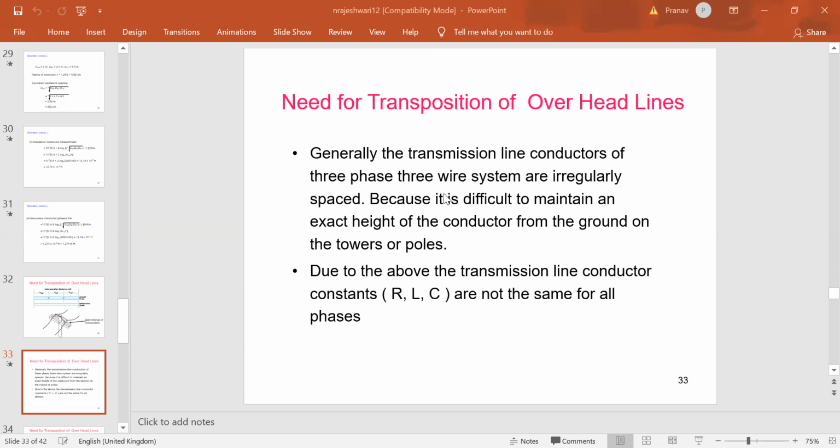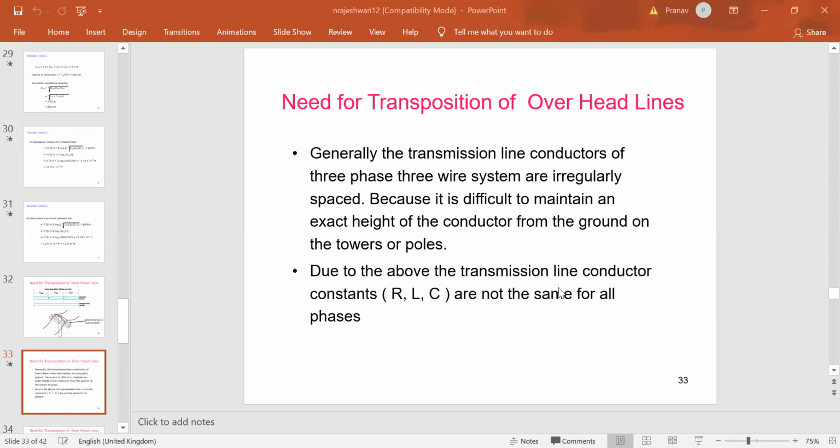Due to this problem, the transmission line constants, the conductor constants, which are RLC, that is resistance, inductance, and capacitance, are not the same for all phases with the normal connection of the transmission line conductors. These three wires are irregularly spaced, so the line conductor constants are also not the same for all three phases.